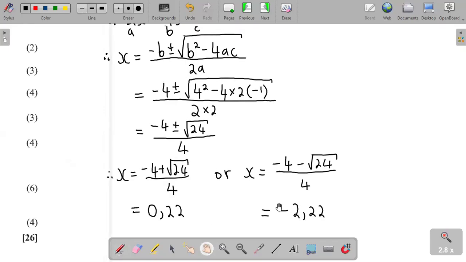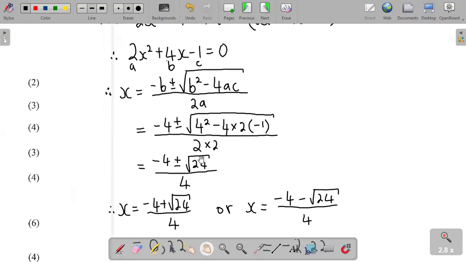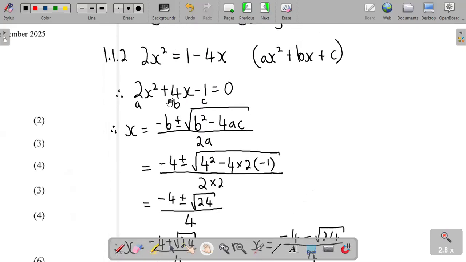So you see, these are decimal numbers. It means we couldn't find factors that are whole numbers. The factors are not even rational, they are irrational numbers.